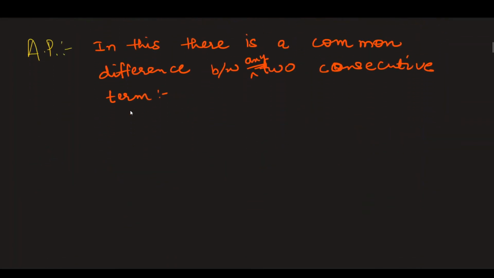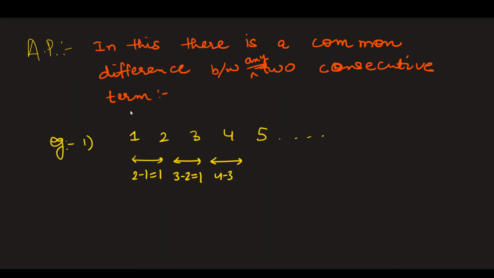So if we have to give another example, example number 1. Take the case of natural numbers 1, 2, 3, 4, 5 and so on. It is an infinite sequence. So its difference 2 minus 1 is 1. This difference 3 minus 2 is also 1. 4 minus 3 is also 1.